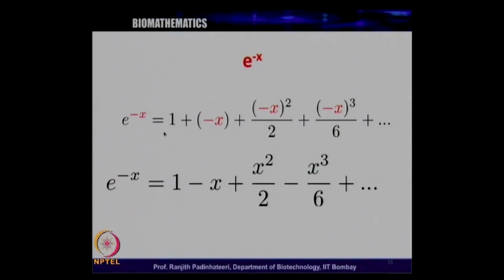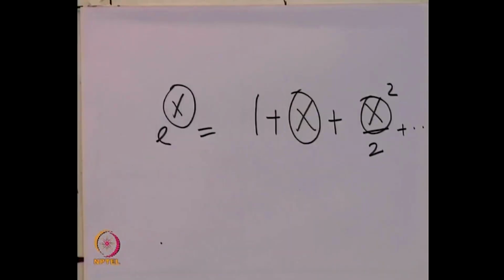So exponential of minus x is nothing but 1 minus x plus x square by 2 minus x cube by 6 and so on. So e power minus x is again a combination of x square, x cube, etc.